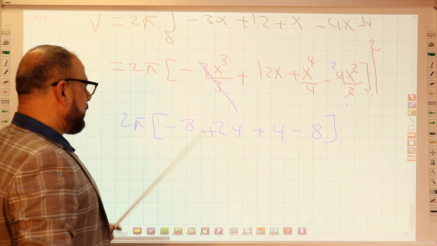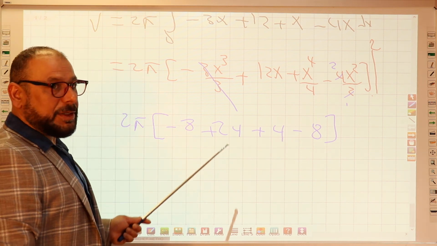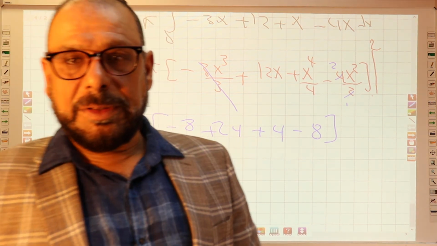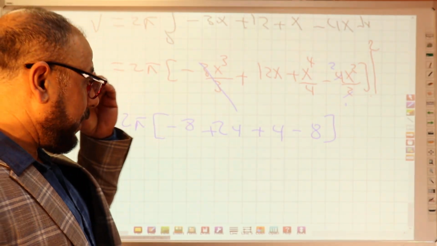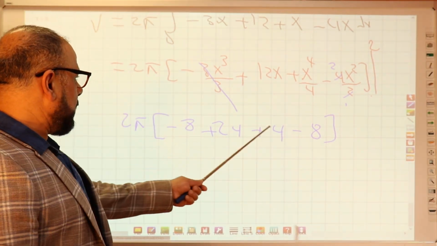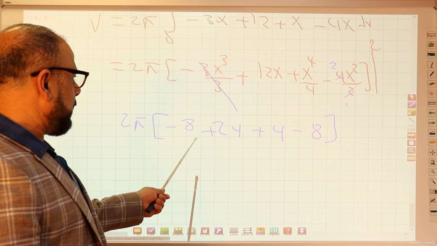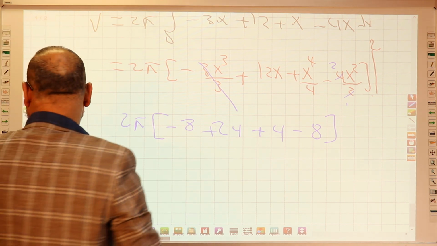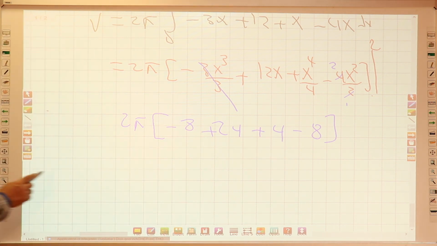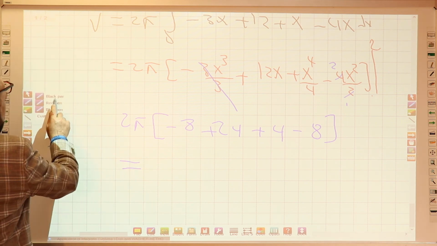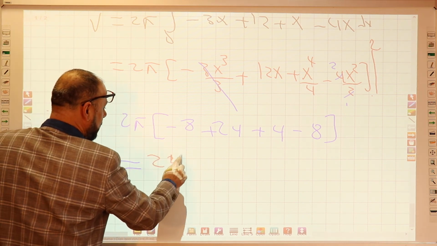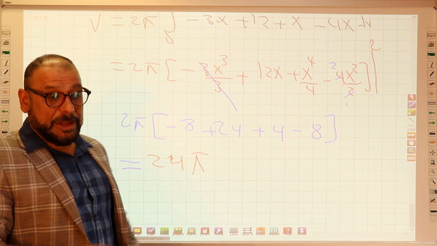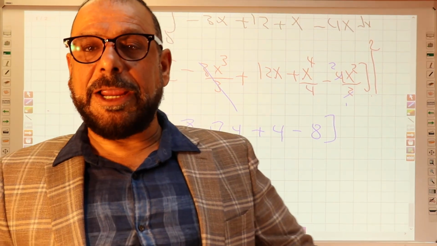Negative 8, negative 8, negative 16. 8 plus 4 is 12, 24. The answer is 24 pi.